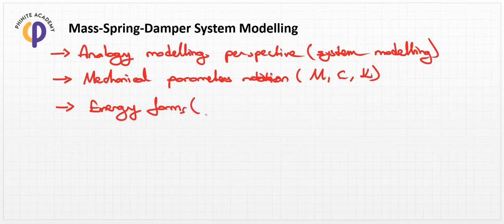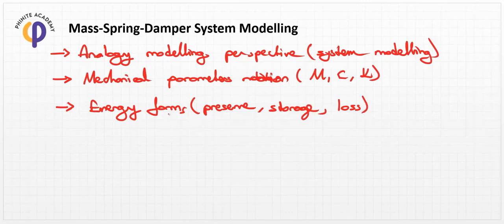We preserve the energy, which we call in the next lesson M mass, and we have storage elements, which we call the K spring coefficient, and we have the loss energy form, which is identified by the damping ratio.